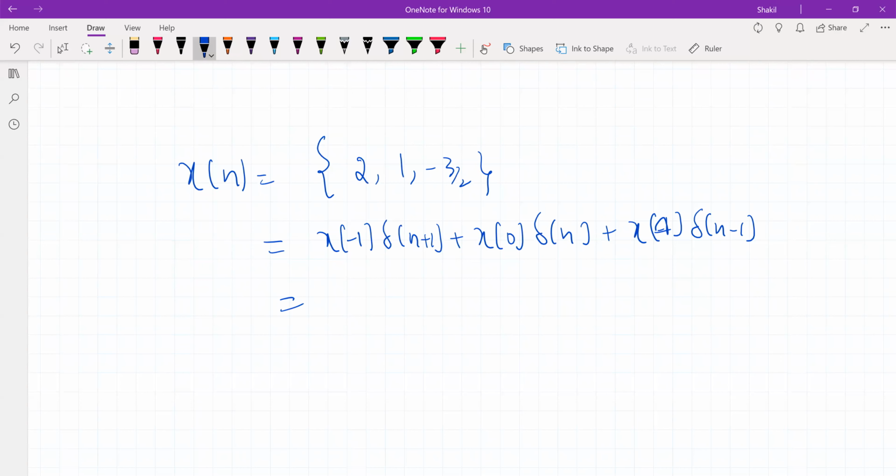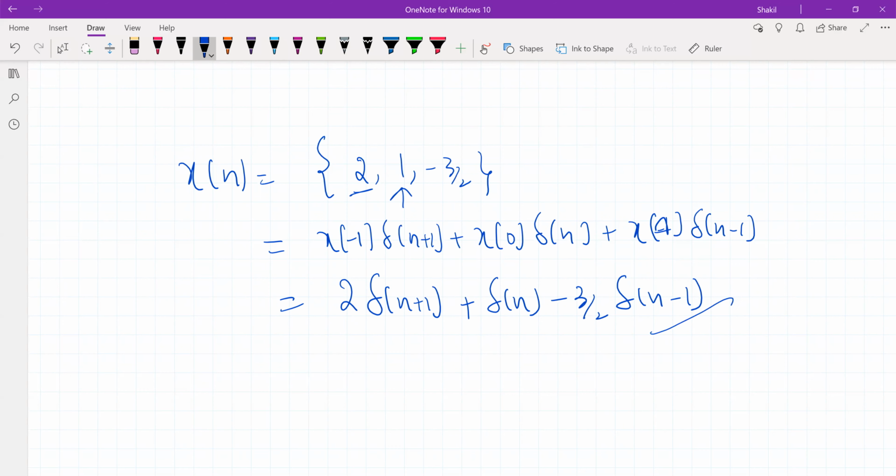You can see x of minus 1 is 2, so you can say 2 delta n plus 1. x of 0 is 1, so 1 multiplied by delta n, and x of 1 is minus 3 by 2, so you can write it as minus 3 by 2 delta n minus 1. So this is how you express x of n in terms of delta sequences, and that's your assignment.